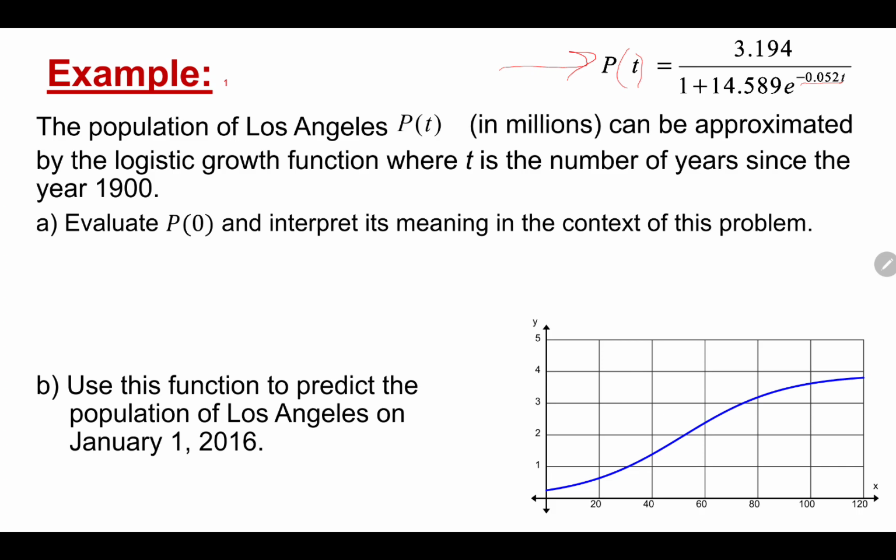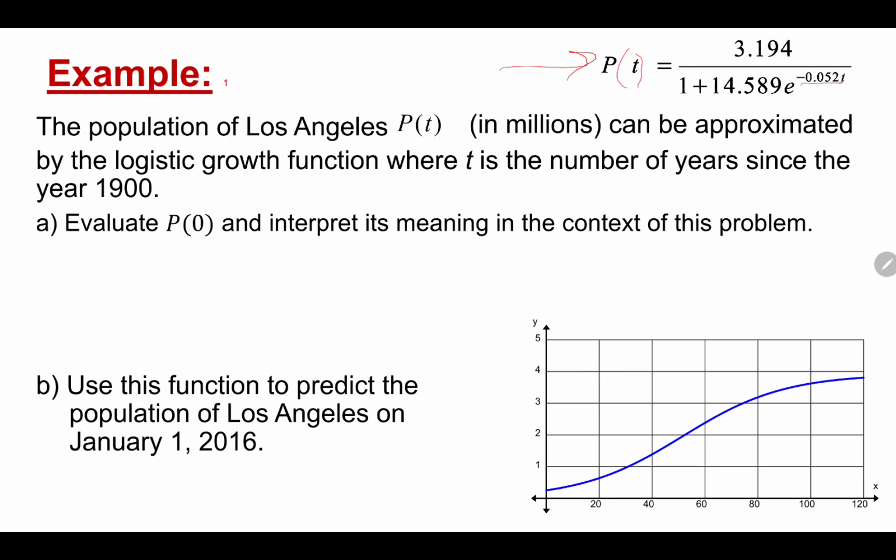So in 1900, this would tell me what that is. This is my P naught. So this is 3.194 divided by 15.589.